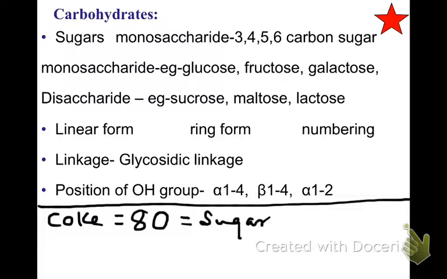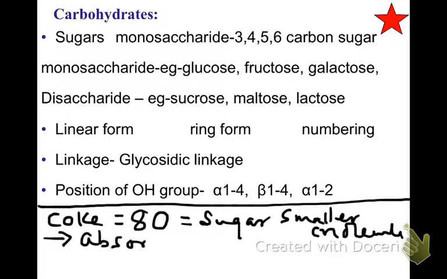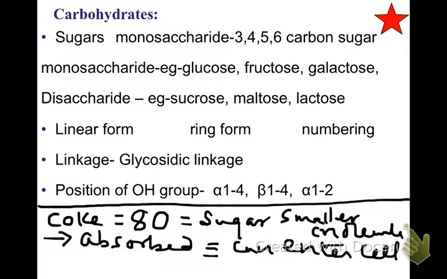Now when you have this sugar, it is a smaller molecule. And when it is taken in by your body, it finally enters the intestine, and then it is absorbed. Why? Because it can enter the cell, and it can enter the cell via blood vessels.